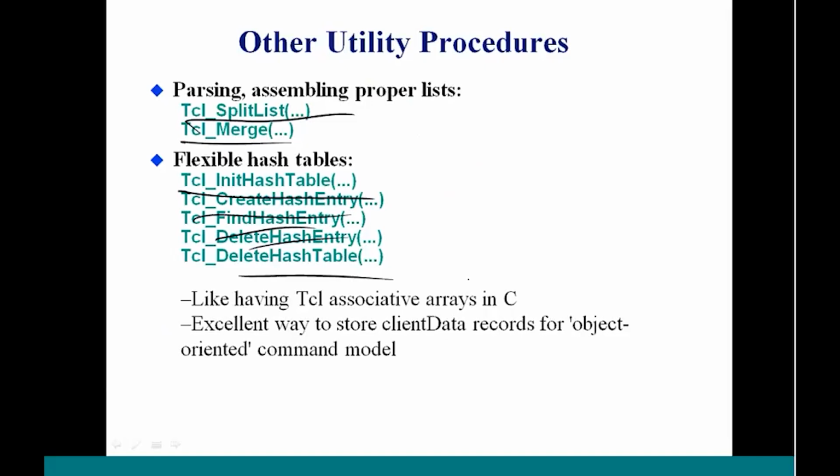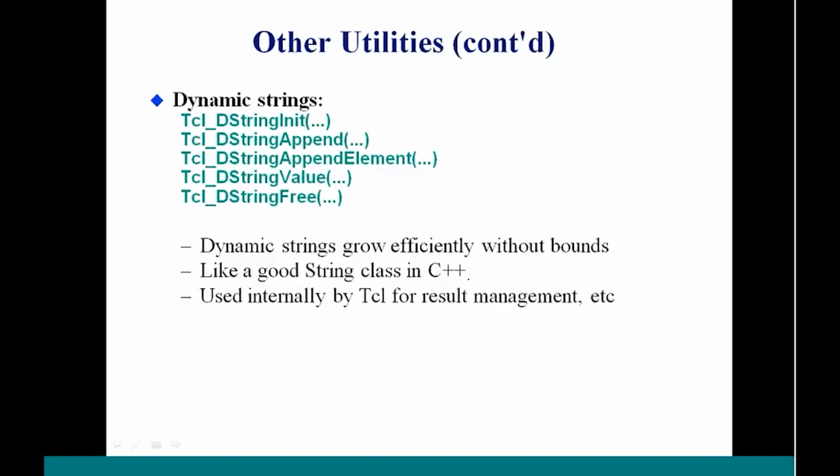The hash table is just like having Tcl associative arrays in C. It's also an excellent way to store the client data records for the object oriented command model.